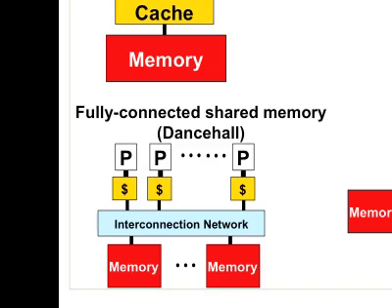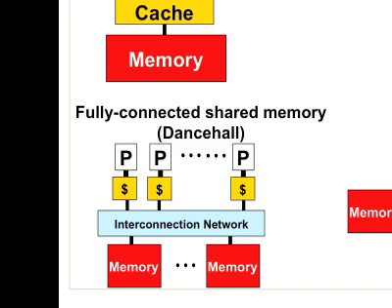There's a sender and a receiver, and you cannot have two processors sending data onto the bus. But with the interconnection network, you can have multiple communication pairs as long as they do not compete for one single connection. For example, processor 1 can talk to memory unit 1, and processor 2 can talk to memory unit 2 at the same time, as long as they are not competing for the same port.